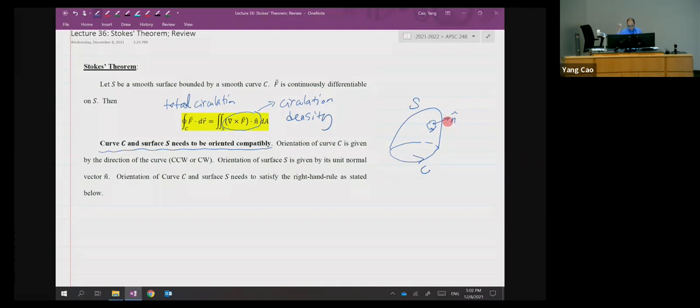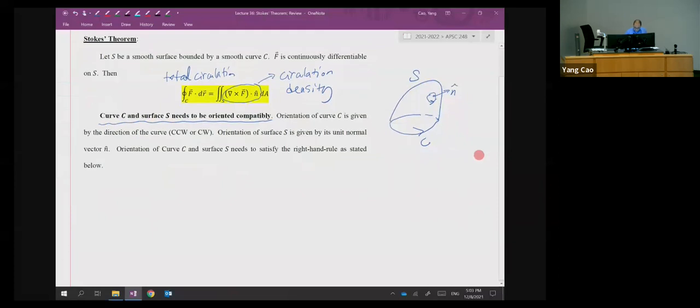One way is to use your thumb for the direction of C, your index finger tangent to the surface S, and your middle finger gives you the n hat direction. That's how you pick the n hat for calculating this surface integral. Next time you see a vector line integral, instead you can calculate the surface integral. That's what Stokes theorem is all about.